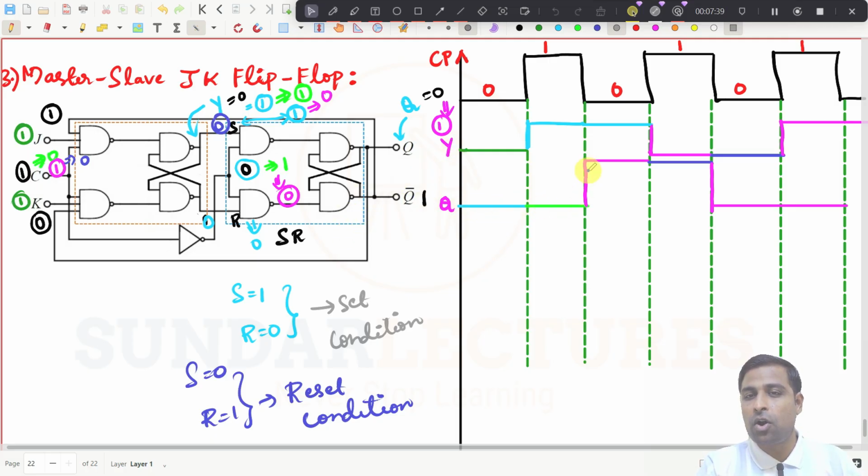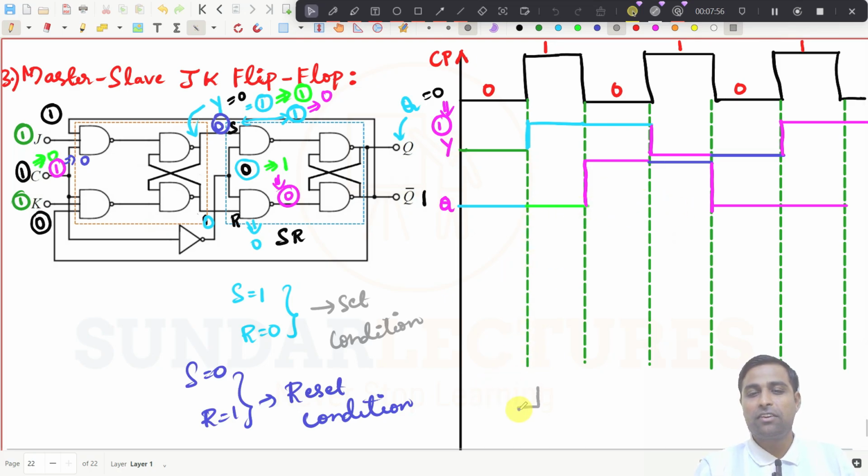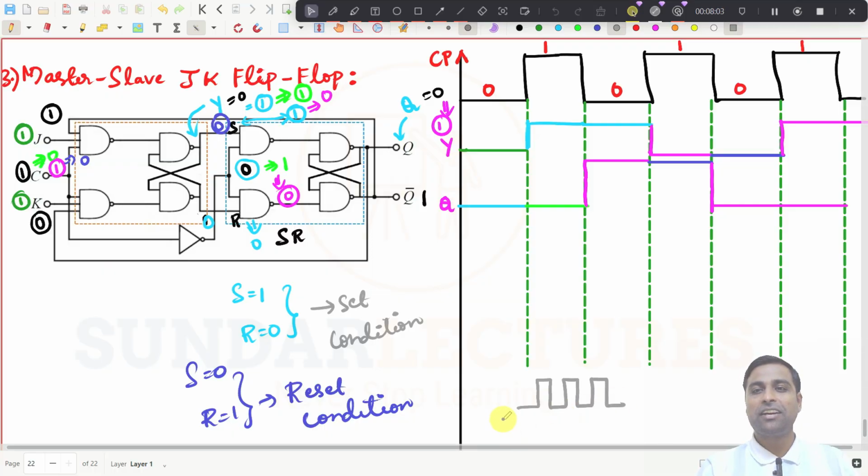See, 0 goes to 1, comes to 0, and again goes to 1. But what we have avoided here are the race around conditions. That means there is no place where the output of the flip-flop goes to the next state with uncertainty. It is not happening over here.